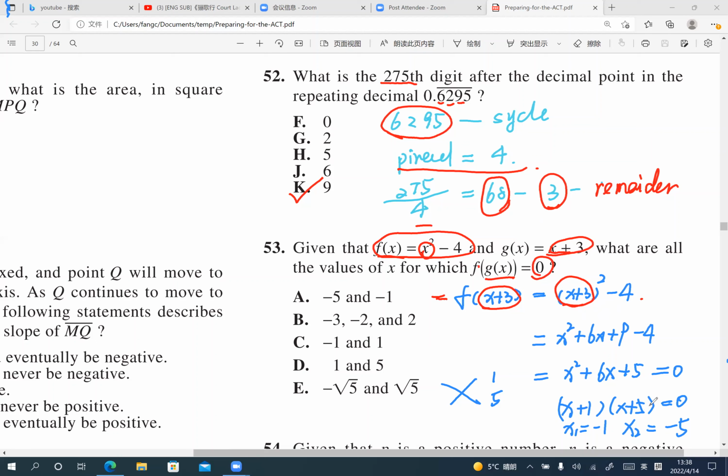So the two factors equal 0, and the two solutions are x equals -1 and x equals -5. So we should choose option A.